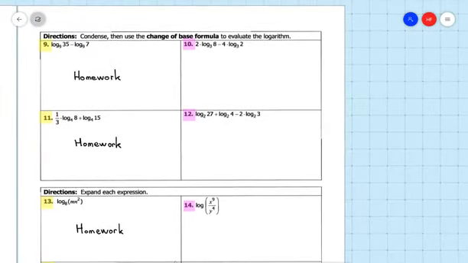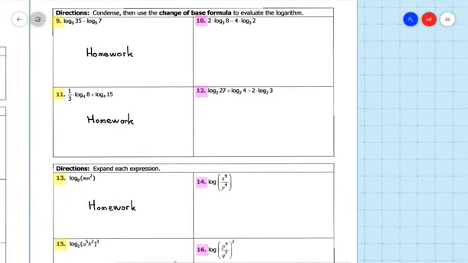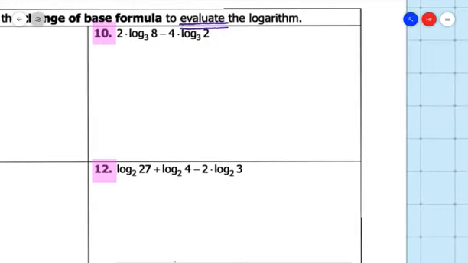Now on the next page, the first part we're doing is to condense, then use the change of base formula to evaluate. So we're going to condense first. So we've got log base 3 of 8 squared minus log base 3 of 2 to the 4th, which would equal log base 3 of 64 over 16.